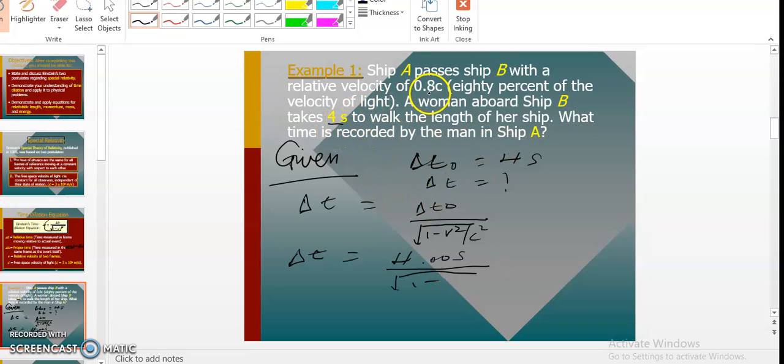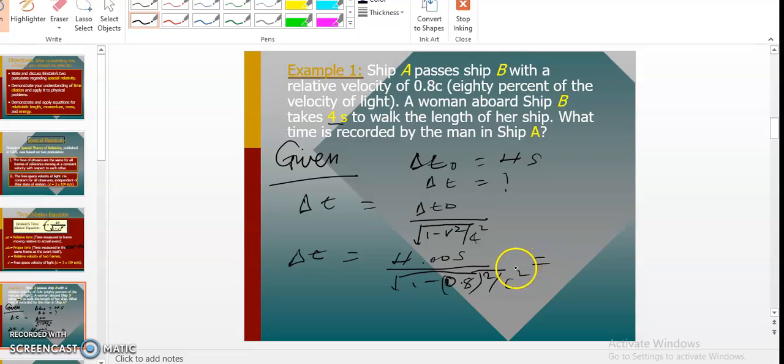Here we have 0.8 as the relative velocity, so it is 0.8 squared. Remember, v is in units of c, so we have nothing to do with c squared because we are looking for delta t.